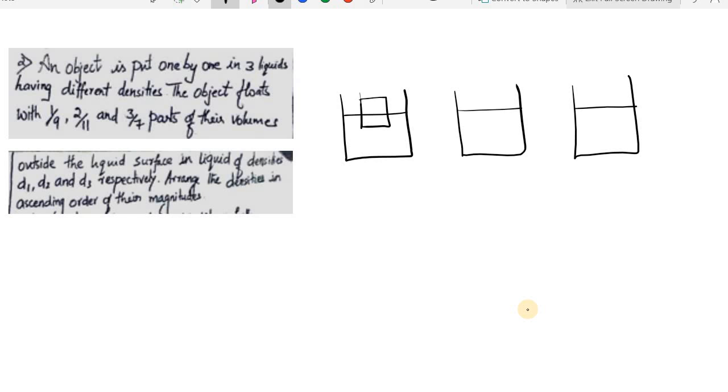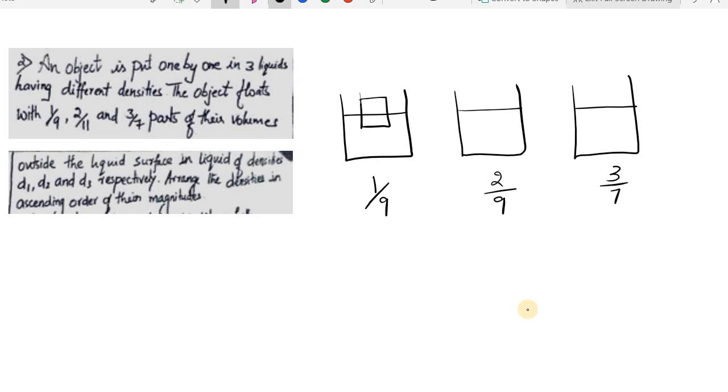When I put it into the first one, I find that 1 by 9 part of it is outside the liquid surface. And here you have 2 by 9 part out, and you have 3 by 7 part out.